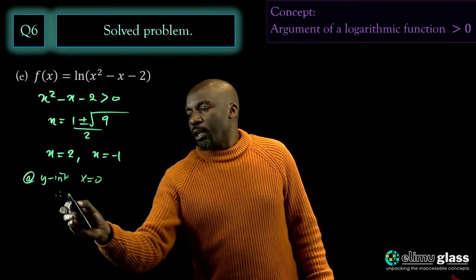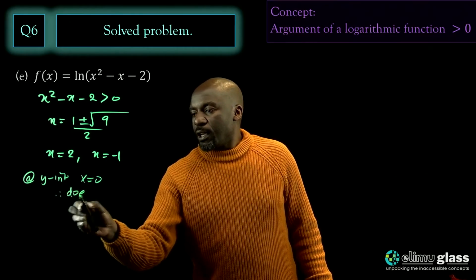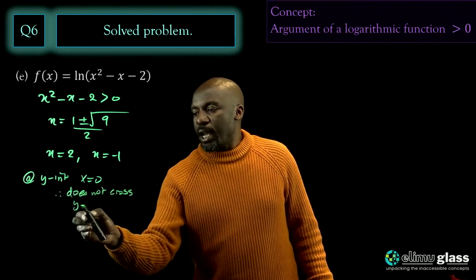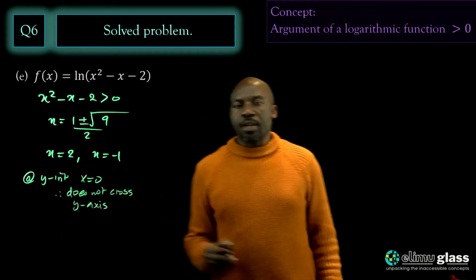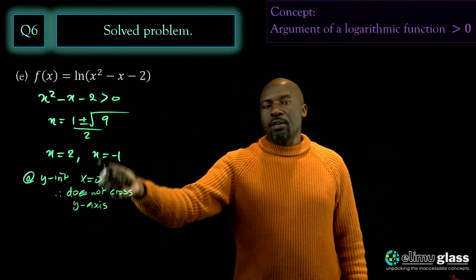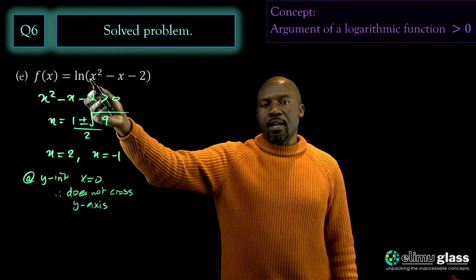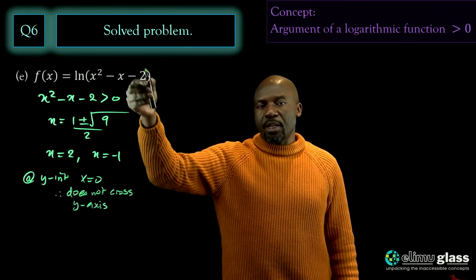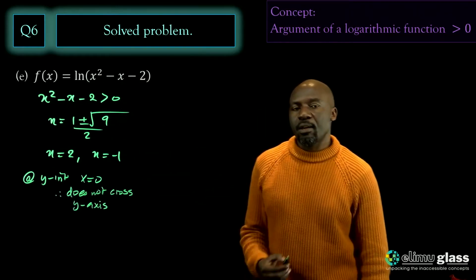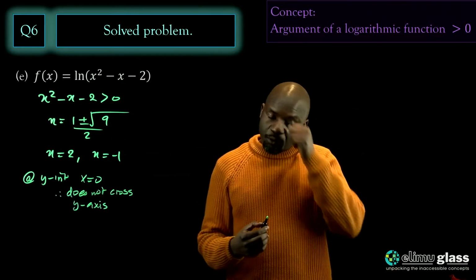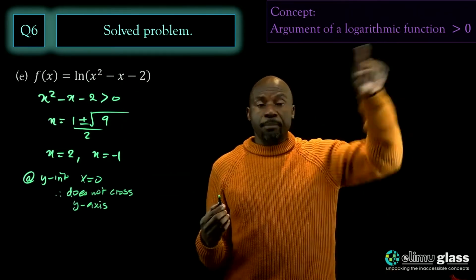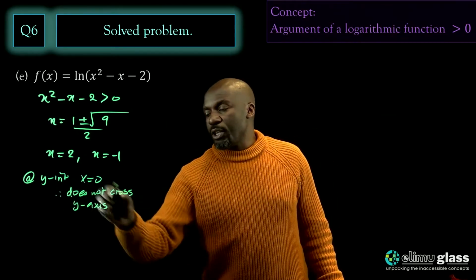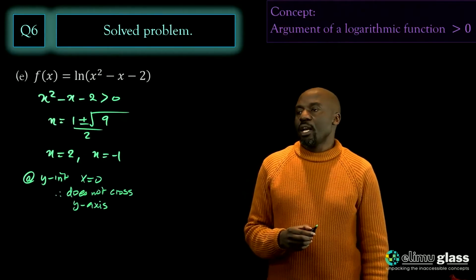Therefore, the graph does not cross the y-axis. If we put 0 into the function, we get log to base e of negative 2. We cannot find the log of a negative number, as we've already said. The argument always has to be positive, and that means there is no point where the graph is going to cross the y-axis.